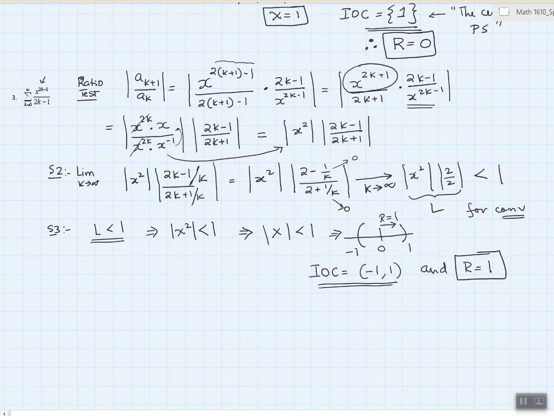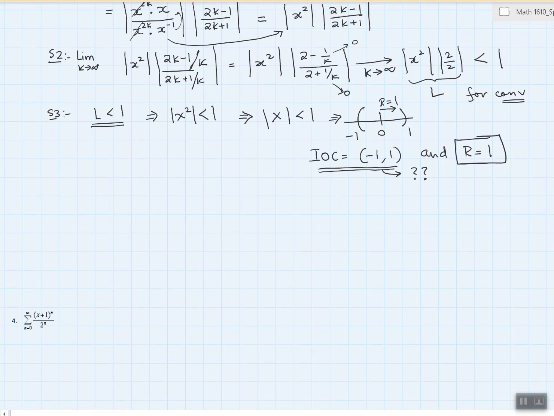Now we have to decide what happens at the endpoints. So step 2 of finding the interval of convergence, we have to test at the endpoints. Now this is the first example where we are coming across testing at the endpoints.